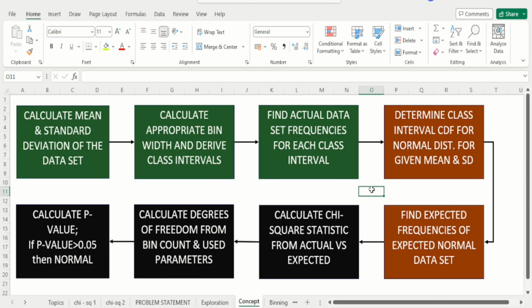An important thing to bear in mind is that if the p-value is greater than 0.05 in this case, then your data set is normal. So remember that all of this constitutes a part of a hypothesis test. In this hypothesis test, the H null is that the data set is normal.